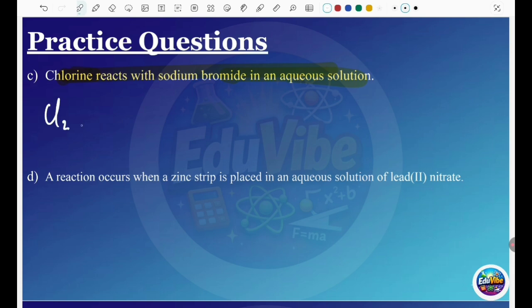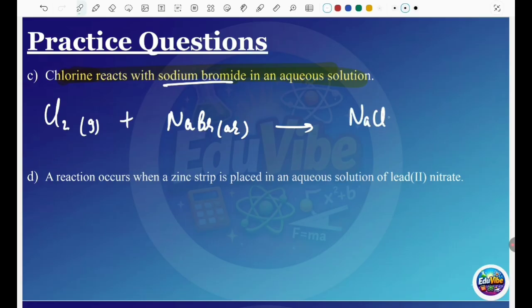So we have Cl2, which is a gas, and sodium bromide in aqueous solution, which is NaBr, which will do a single replacement. We become NaCl, and we are left with Br, which is still in the liquid state, and this has Br2. We have to balance this first now. So this is 2 and this is 2 also. So this is balanced now.